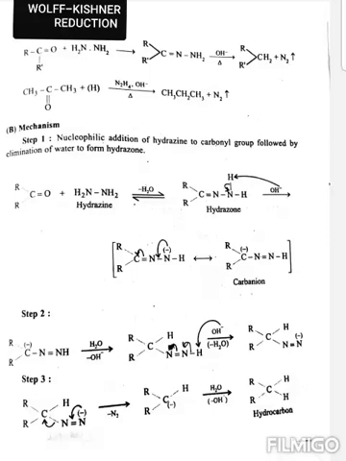The hydroxyl ion attacks one of the hydrogens attached to the nitrogen atom with the elimination of a water molecule. After the elimination of the water molecule, another intermediate is formed. This is the second step of the reaction. In the second step, addition of water takes place and then removal of water takes place.